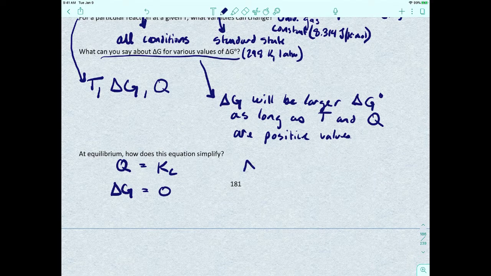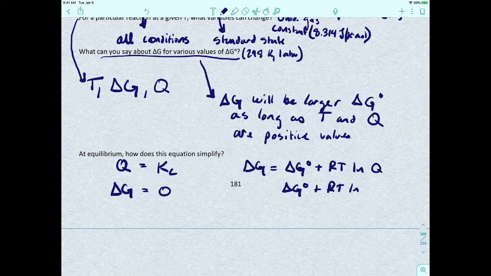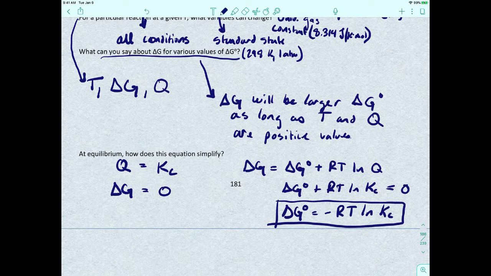So that would allow us to say that delta G is equal to delta G at standard state plus RT natural log Q. Now, if I rewrite this equation and replace Q with K, delta G naught plus RT natural log of K should be equal to 0. So if I solve for delta G at standard state, this is going to be equal to negative RT natural log of Kc. Now this is an extremely important equation.